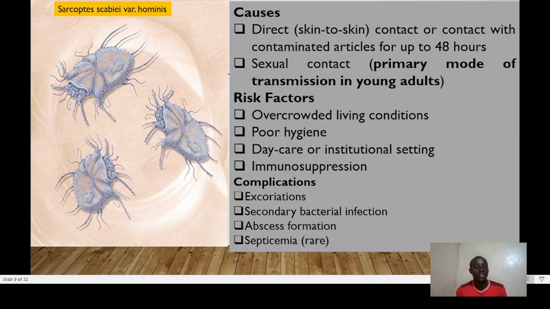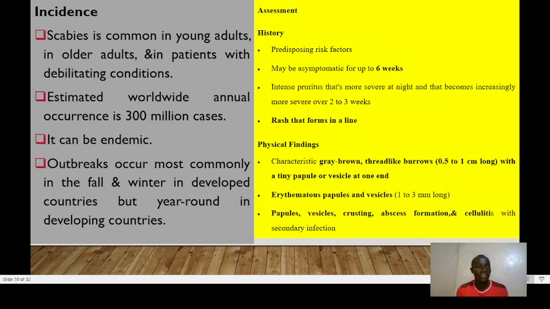And you find that sexual contact is normally the primary mode of transmission in young adults. Risk factors include overcrowded living conditions, poor hygiene, daycare institutions, and immunosuppression. The complications you have are excoriations, secondary bacterial infection, abscess formation, and septicemia, although it's rare.